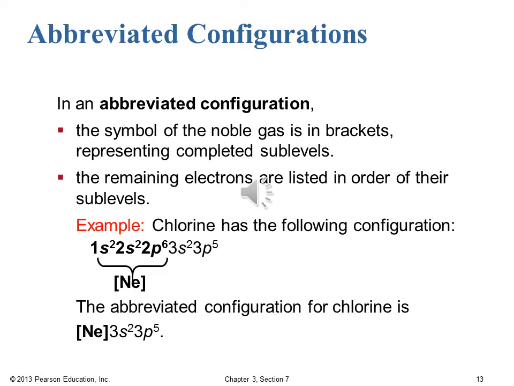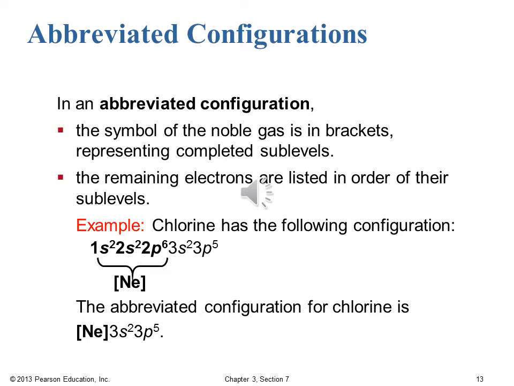So instead of writing 1s2, 2s2, 2p6, we can just write neon in brackets, and it is understood that we have all of the electrons present in neon, which would be the 1s2, 2s2, 2p6. Then we can just go on to talk about, in this case for chlorine, 2 electrons in the 3s sublevel and then 5 electrons in the 3p.